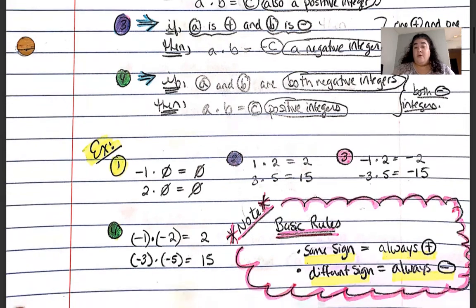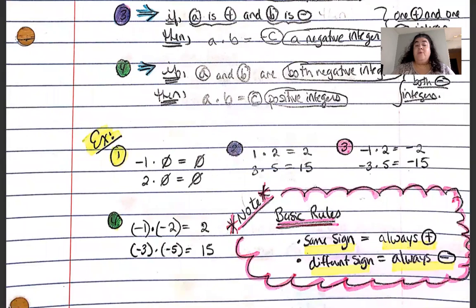Rule number 4, or scenario number 4, is when both of the integers that we're multiplying together are both negative. As we see here in this example, we have a -1 times a -2, and our answer is a +2. Again, please note that the multiplying itself is the same as when we multiply with whole numbers. We would expect that a 1 times a 2 would give us a 2.